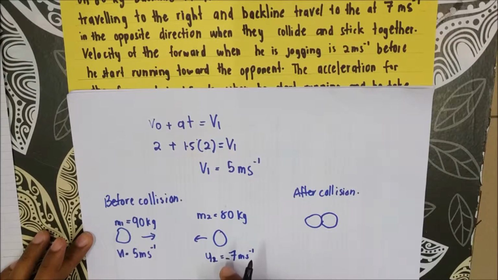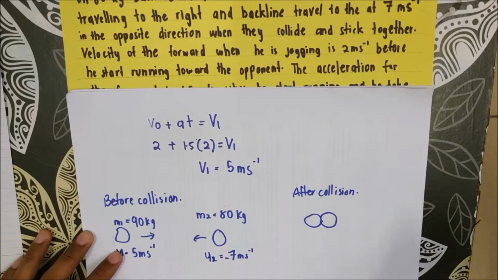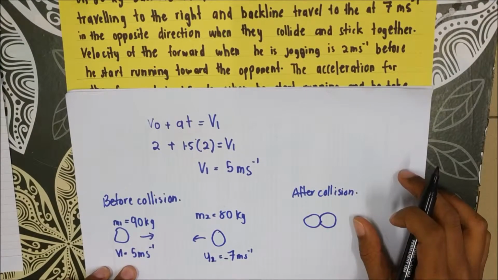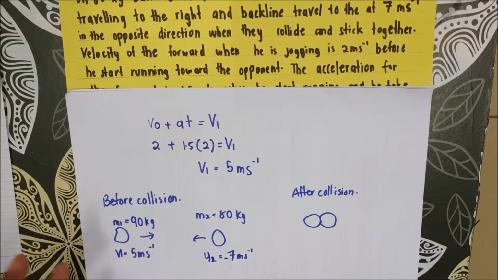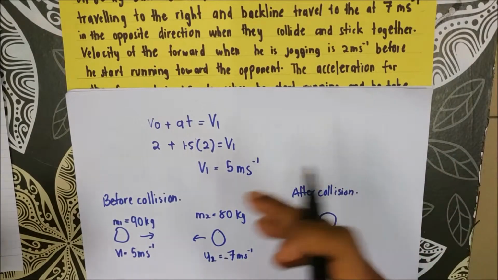Why do we put the negative? Because we take the direction of the forward as the positive direction. This we draw after collision. After we draw, it makes our calculation easier to see what happened.